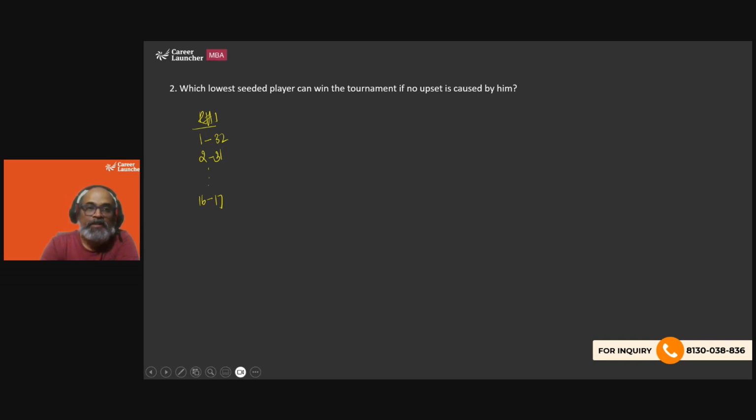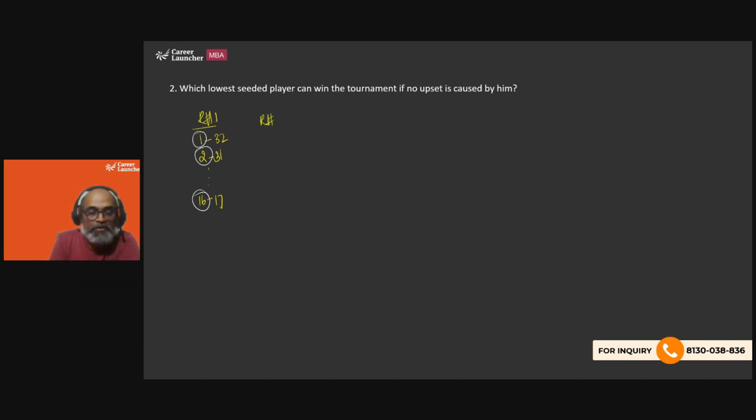Since we need to find the lowest seeded player, lowest seeded player means the worst player, whose seed number is higher. If you do not want an upset, that would mean that 1 to 16 will move forward, because we do not want any upset to be caused.